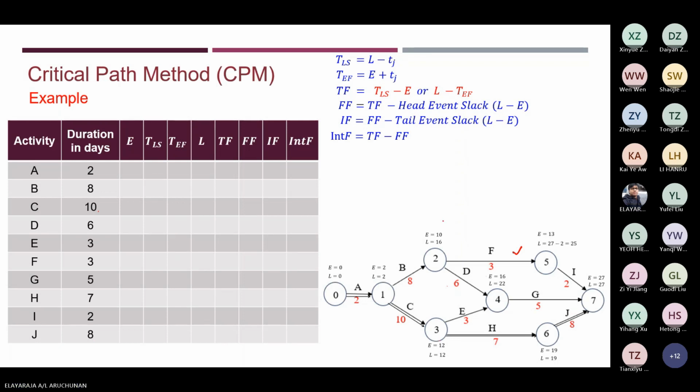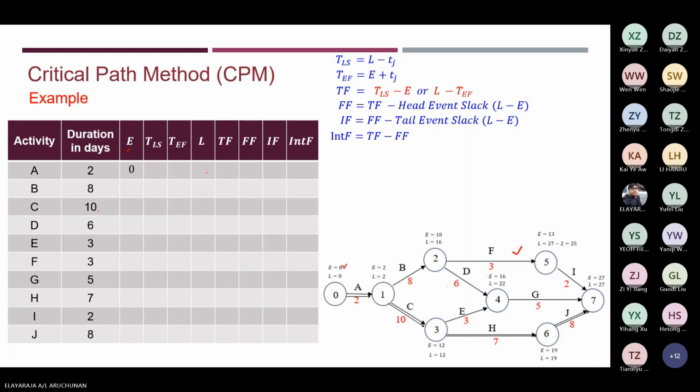Now, once you've done that, we need to fill in all the information. First we're going to estimate the earliest starting time. For this case, we already know it's 0, so you plug the 0 value here.